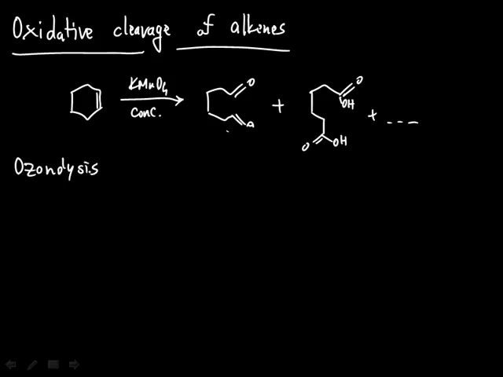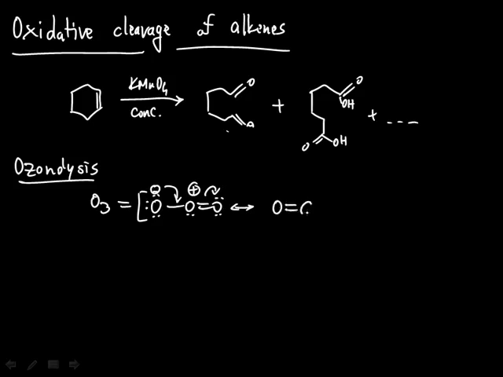Ozonolysis, as its name implies, uses ozone, which is the unstable form of oxygen, O3. The resonance structures of ozone have a dipole in them, so this would be one of them. The alternative would be the one which has the terminal oxygen switched, so the central oxygen still has a plus charge, and there is a distribution of charge.